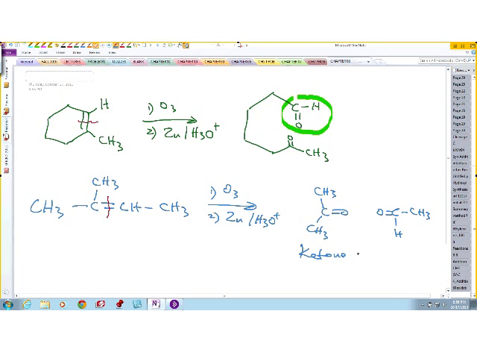This is your ketone, and this is your aldehyde. Okay, so that is reaction number 5.